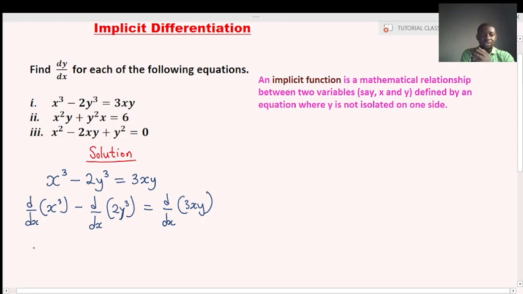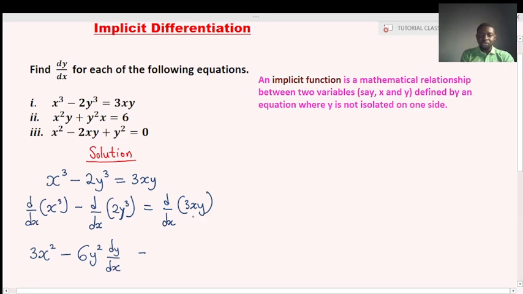That will give us 3x squared minus. Then here, since x is not part of this function, what we need to do is differentiate this function with respect to y. That will give us 6y squared, then you repeat the dy/dx. That's from the knowledge of chain rule.